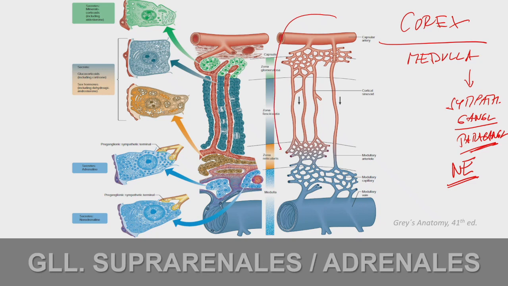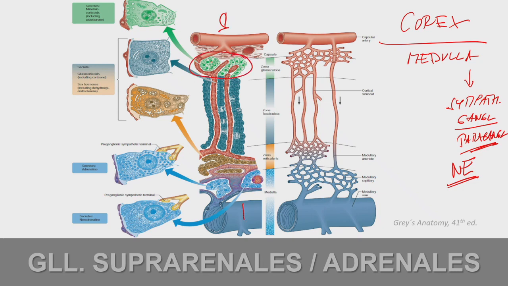The other part, cortex, has different products and different structure. We can distinguish several layers of parenchyma from surface to inner.